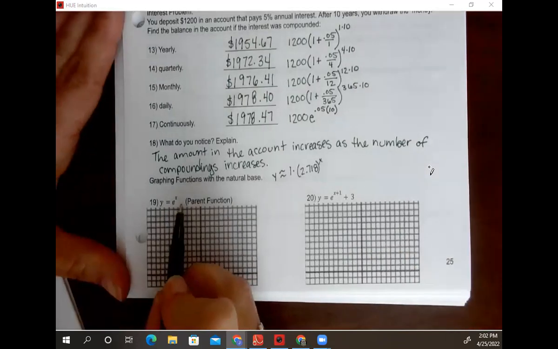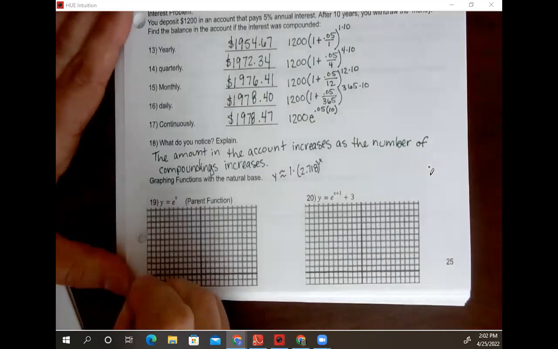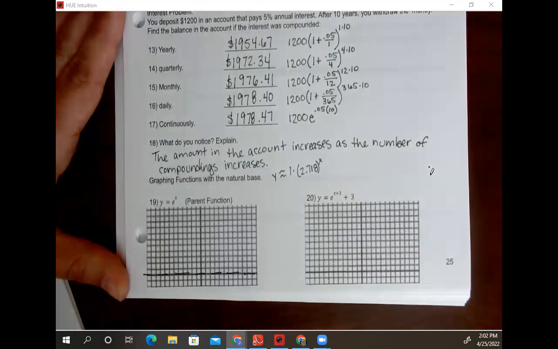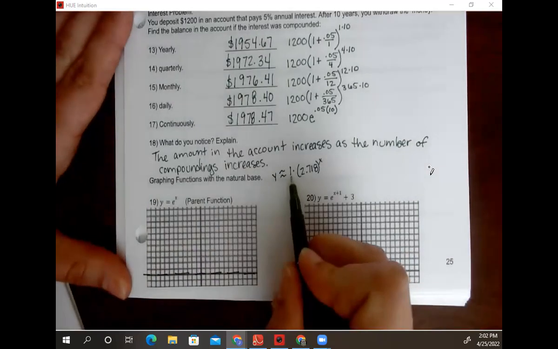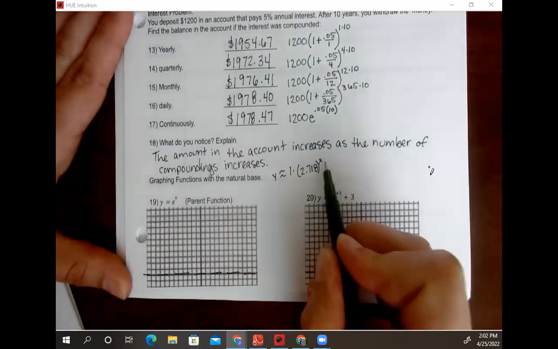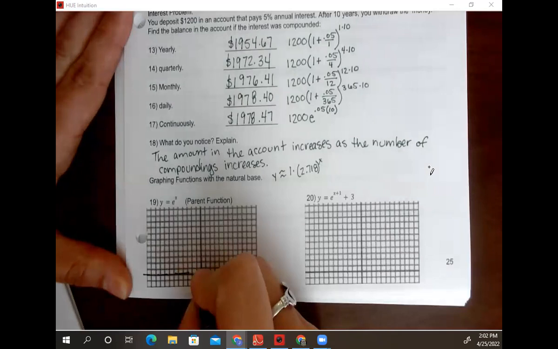So my asymptote would be at 0. I'm going to go ahead and sketch that in on my graph. My asymptote's at 0. My key point would be 1. I'm not shifting up or down. I'm not moving left or right. So just at 1.